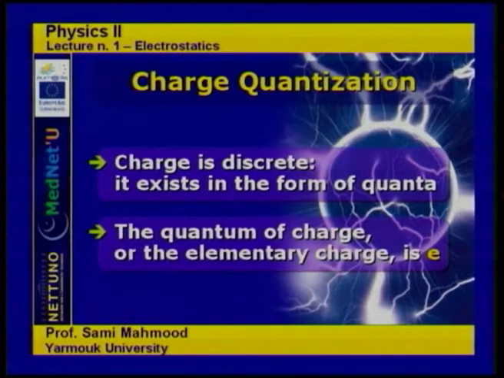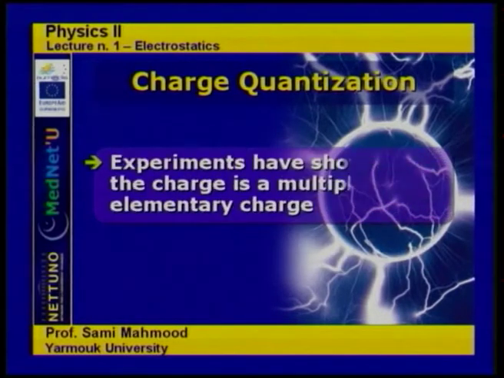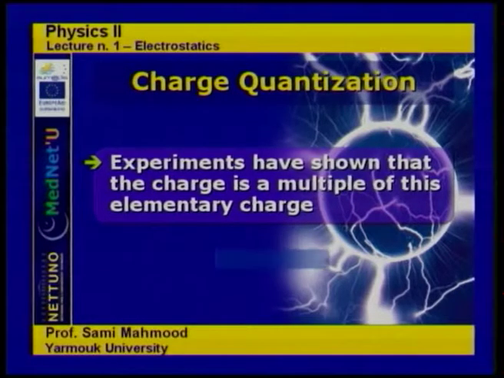And the quantum of charge, the smallest known quantity of charge, is this e, which we have mentioned previously. And thus, experimentally it has been proven that the charge in an object is, as we just mentioned, an integer n multiplied by this smallest known quantity of charge.